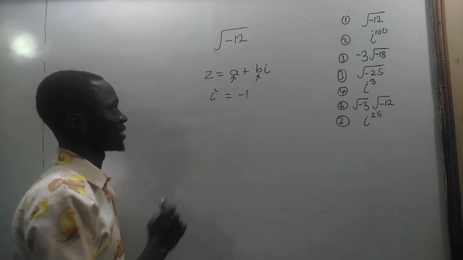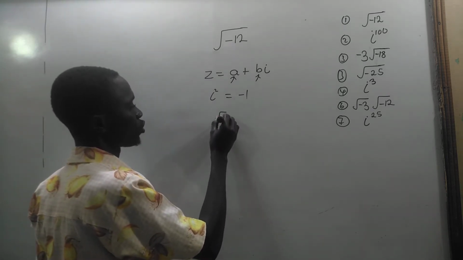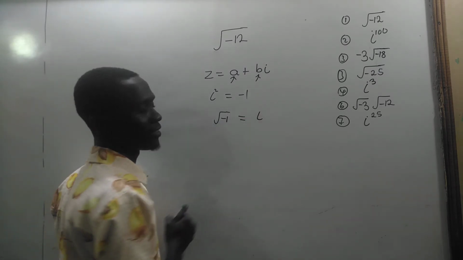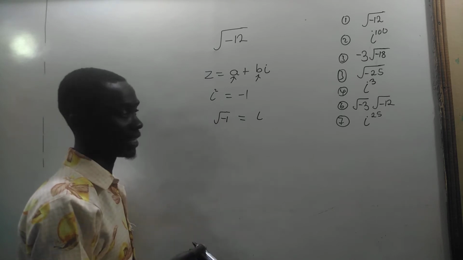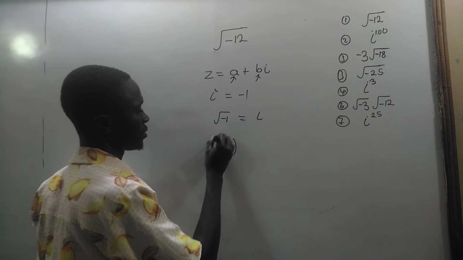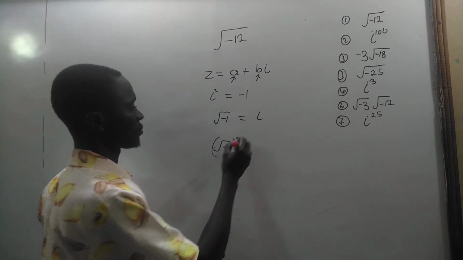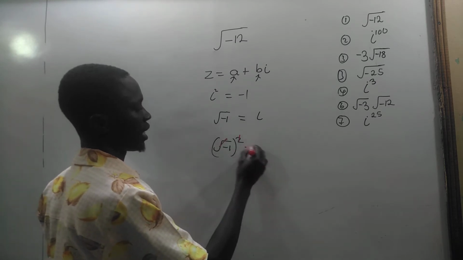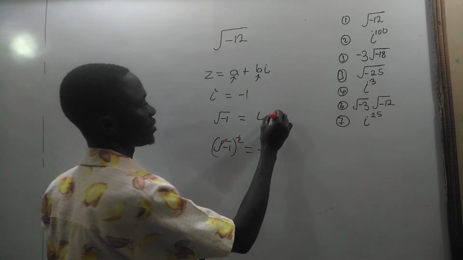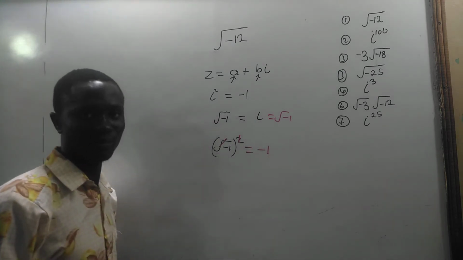So it means that if I have the square root of negative 1, that is what we write as i. Very simple as that. Because if I have the square root of negative 1 squared, the square will cancel the square root and I'm going to have negative 1. So i simply means the square root of negative 1 as we've done it here.